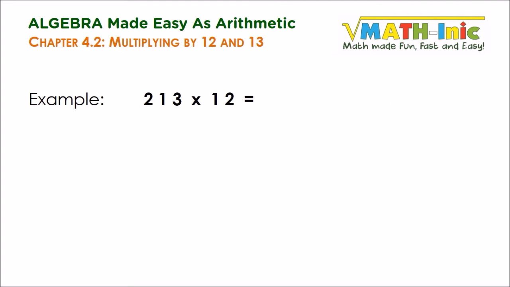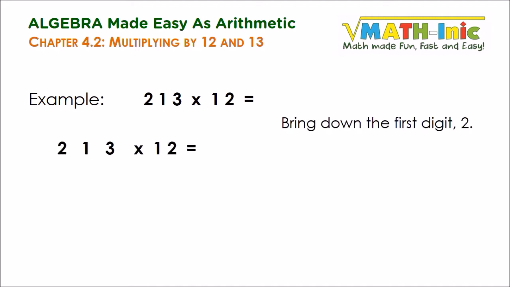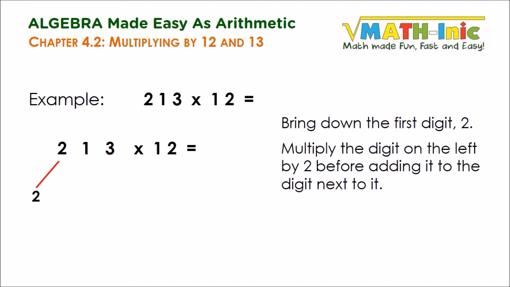In Chapter 4.2, we extend the knowledge that we have in multiplying by 11 to multiply by 12 and 13. Let's take a look at an example. 213 times 12. First, we bring down the first digit 2. Then we multiply the digit on the left by 2 before adding it to the digit next to it. 2 times 2 is 4 plus 1 is equal to 5.